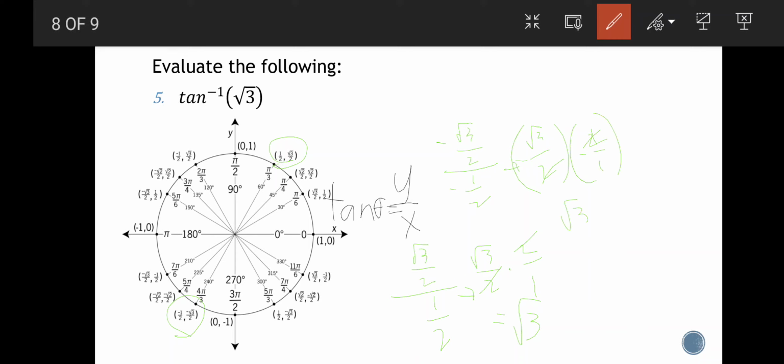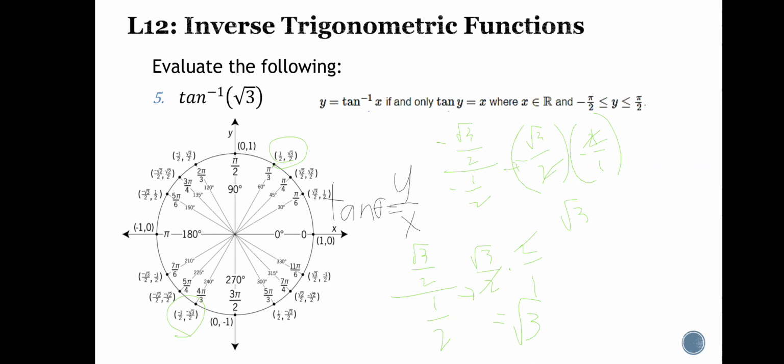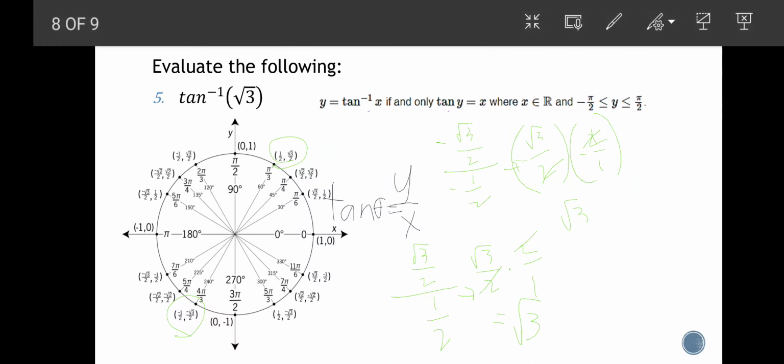Again, however, we should consider that the range of arctangent is only from negative 90 to positive 90 degrees, or from negative pi over 2 up to positive pi over 2. Meaning it should only range from here.